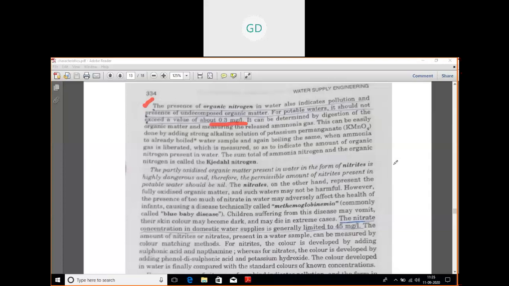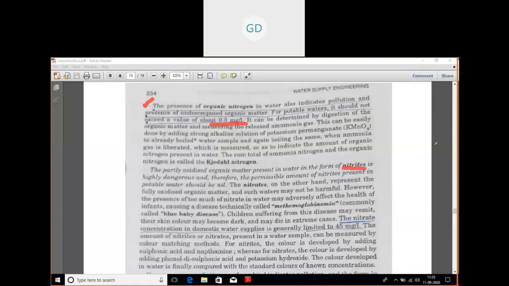Next is your nitrites. The presence of nitrites in water is highly dangerous. Nitrites should not be present in any water, because it is highly dangerous, so the permissible amount of nitrites in water should be zero, nil.